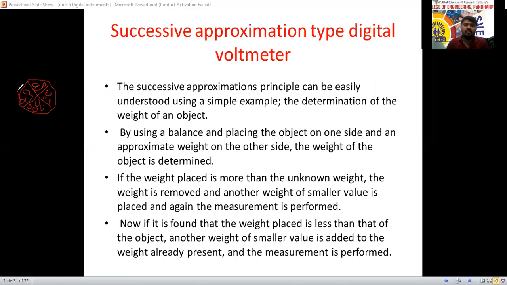So like that, how are you going to measure this weight? Previously they were using a weighing machine like this.